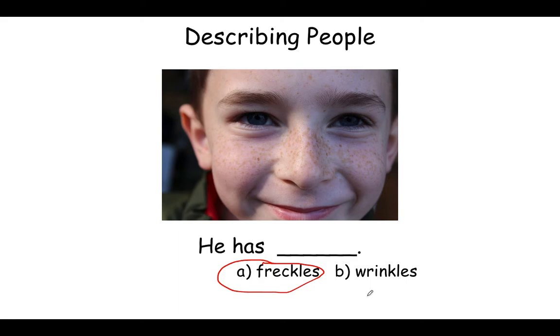They just mean that you're older, and for some reason people in America think that being older is bad, which doesn't make any sense. Wrinkles are the lines, the creases that go around your eyes as you get older, or on your face, around your mouth, or your neck, shoulders. But this kid has freckles on his face.